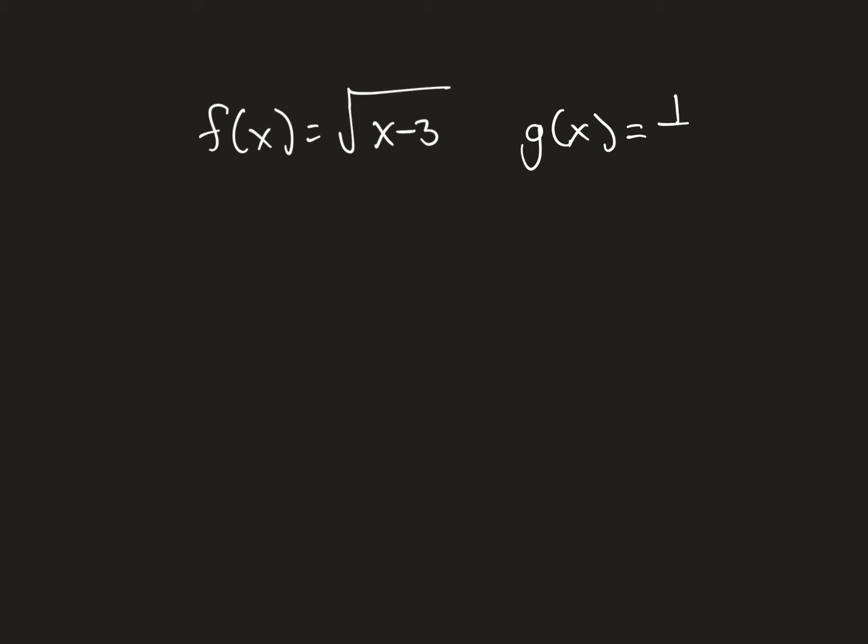So let's start by defining some functions, and maybe we'll do some operations with this too. Let f of x be the square root of x minus 3. Let g of x be 1 over x, and h of x, let's see, maybe the square root of x plus 8.